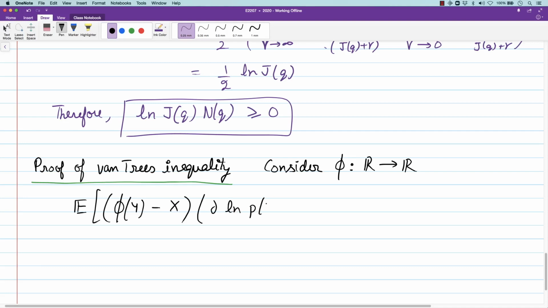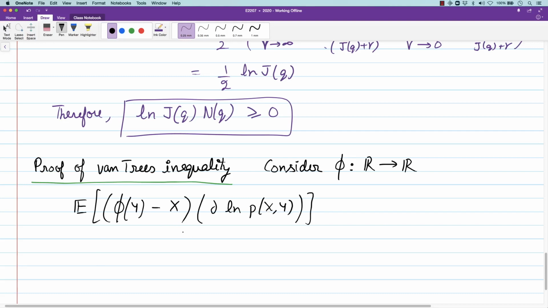Let's look at the joint distribution of x and y. This is the joint density of x and y. Note that for our application this joint density exists. X has the density p, and then given x we have this Gaussian density gamma, so this joint density exists for our application, but the proof I will give is for a more general setting.